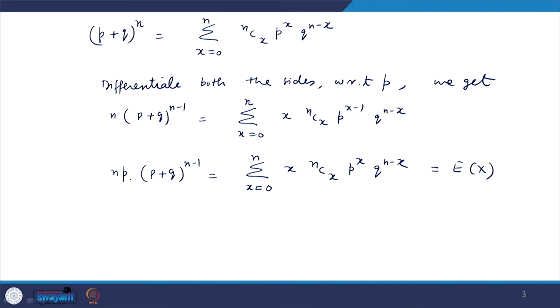So, this implies expectation of x is np. We can say that the mean of binomial distribution is np, where n is the total number of trials and p is the probability of one success. Okay. Probability of success is basically p.